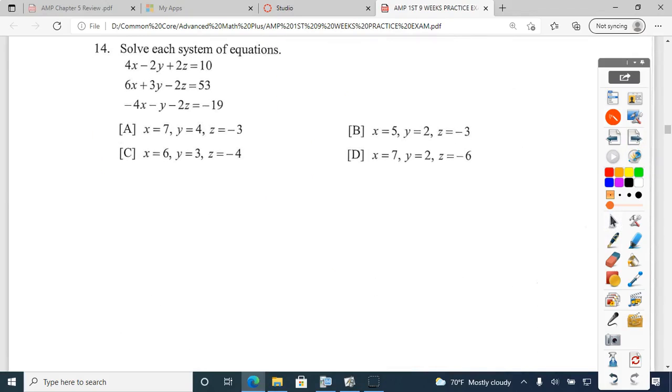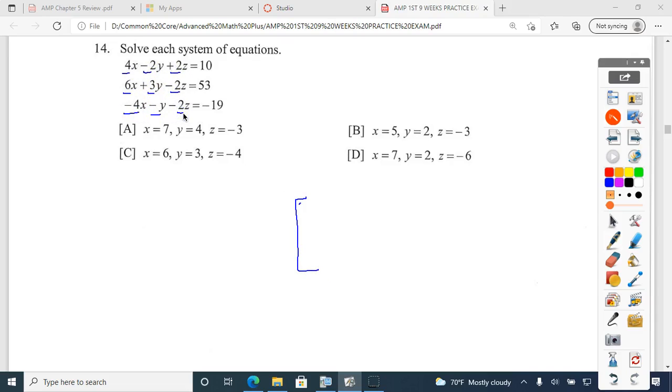14, solve the system of equations. This is the one where you can also use your calculator. It's the quickest and easiest way. So I'm going to make a matrix equation. Okay. So you put your coefficients as one matrix.